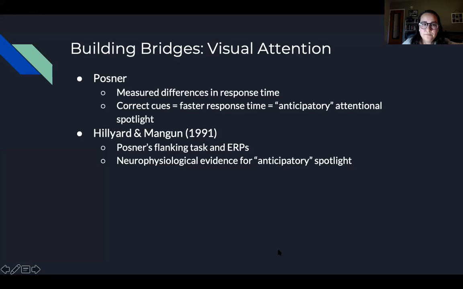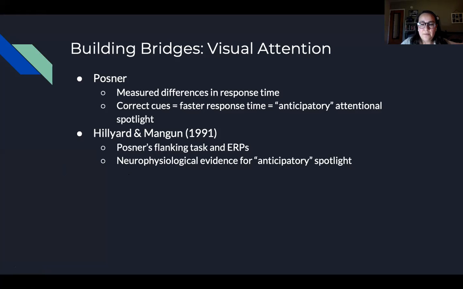Okay, so as you could see in that video, this arrangement of correct and incorrect cues can be varied from trial to trial. And by mixing them, Posner was able to find a difference between the reaction times on trials with the correct cues versus the trials with incorrect cues.